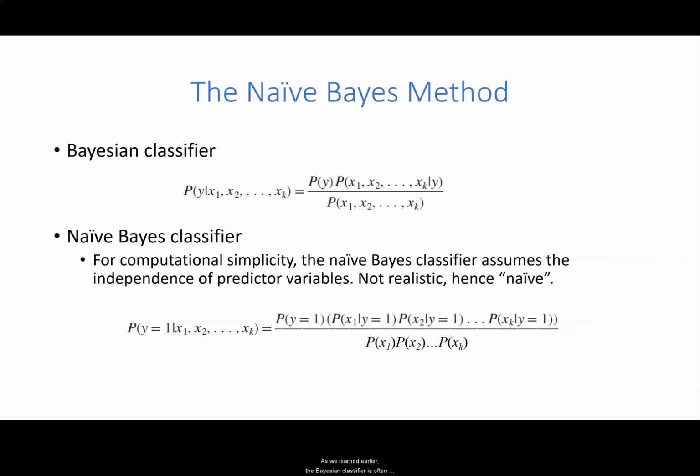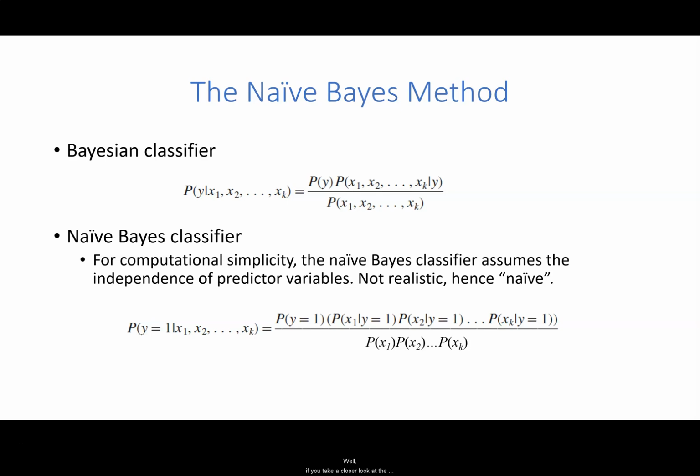As we learned earlier, the Bayesian classifier is often not practical in real-world cases, because the chance of finding exact matches of the case being classified is quite low and would leave us with a very small number of matching cases for computing probabilities. So how can we adjust this technique to make it more practical in real-life cases?